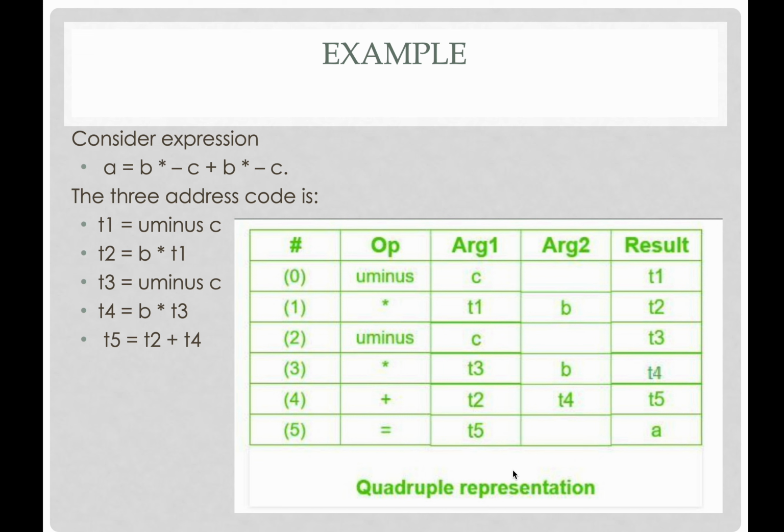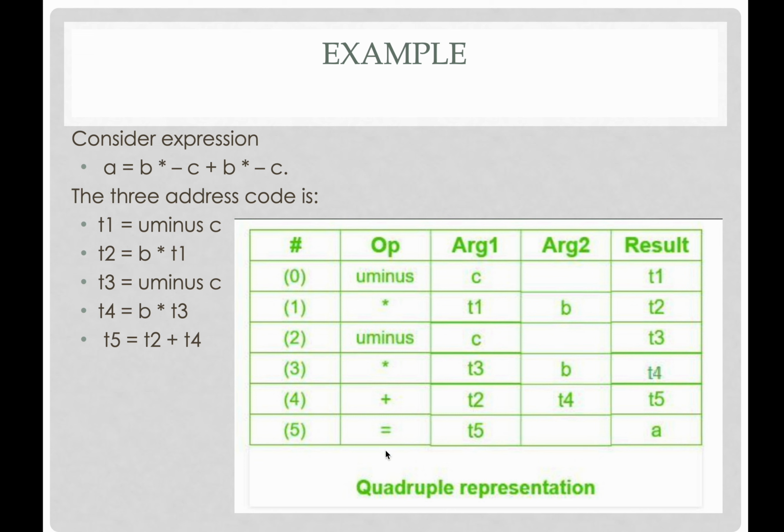So this is the quadruple representation of the given expression. Here we'll have, as mentioned, 5 columns with the 4 elements. One is the operator, arg1 is argument 1, arg2 is argument 2, and finally result. Consider the first part of the three address code, in which the operator is unary minus.